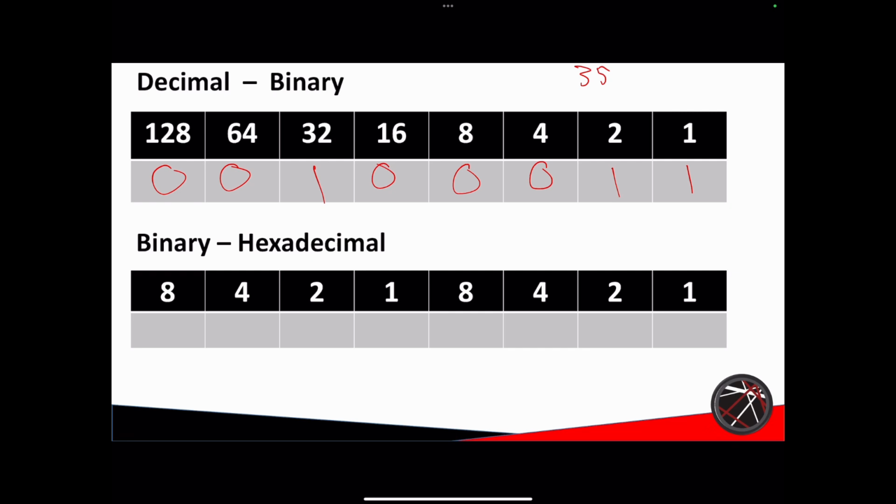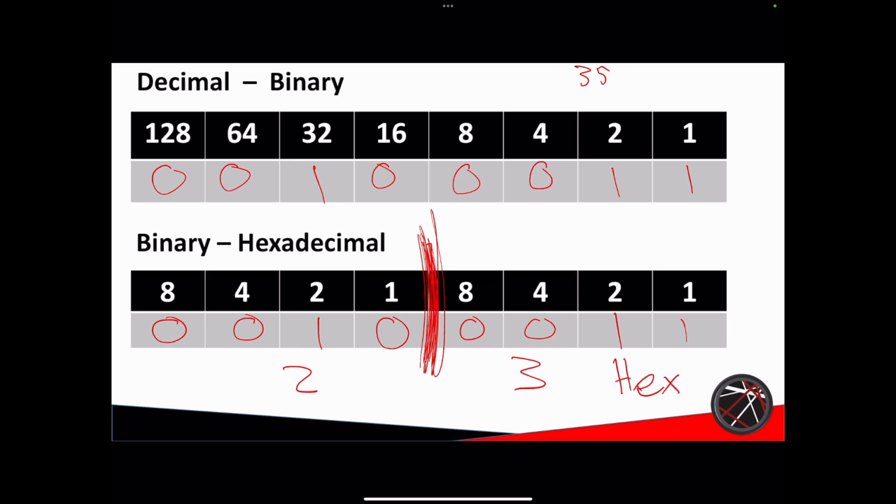So all we're going to do is we effectively divide down the middle. Okay, so you can see that we've got 0, 0, 1, 0 on this side, and then 0, 0, 1, 1 on this side. So what we can do with that then is you can see that we've got, in this case, 2, and in this case, we've got 3. So the hex of 35 is 23.